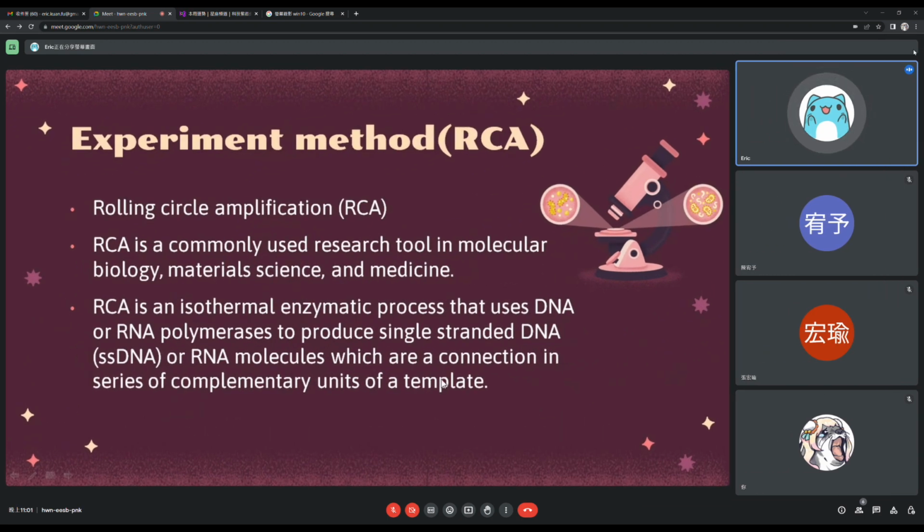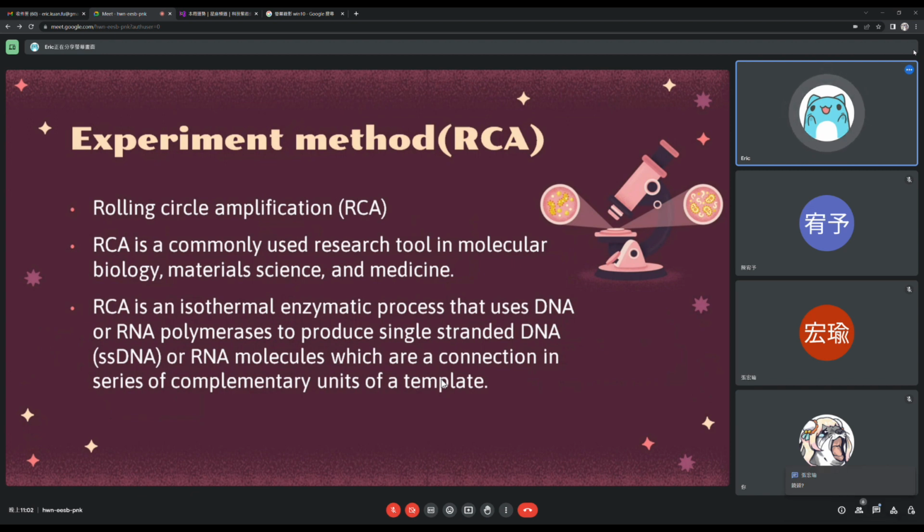Now I have talked about the experiment method, RCA. RCA is rolling circle amplification. It is a commonly used research tool in molecular biology, material science, and medicine.